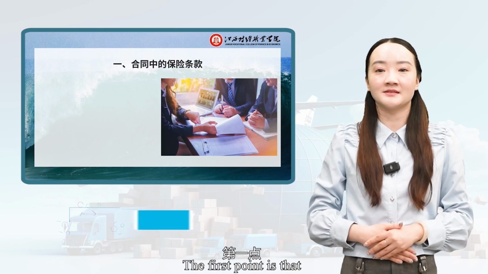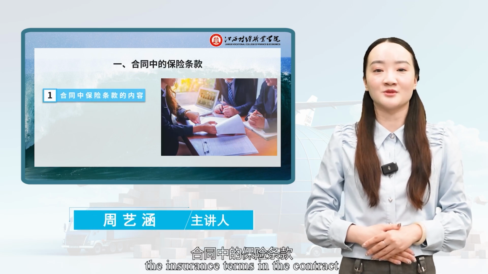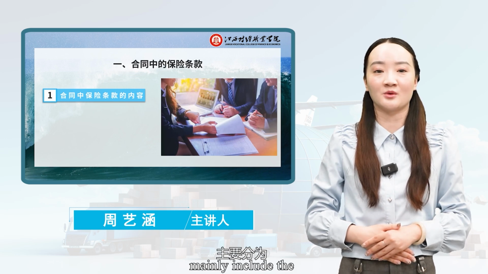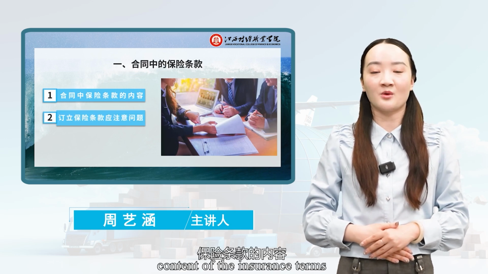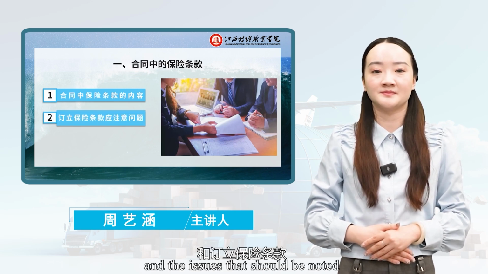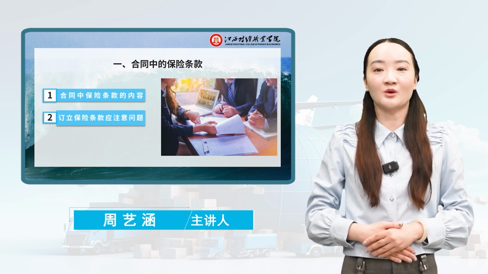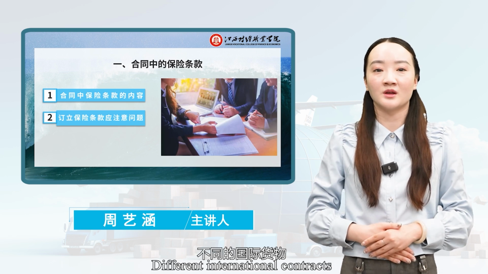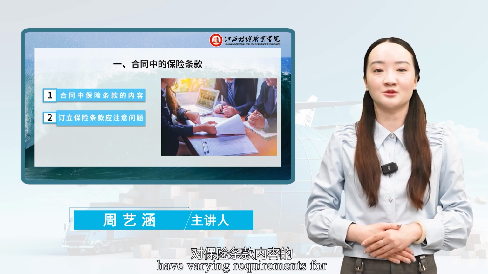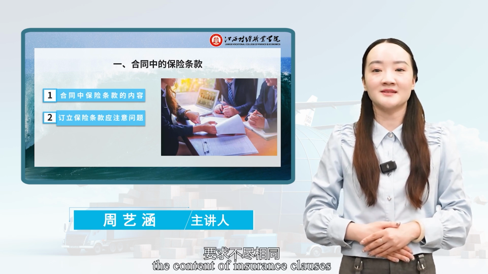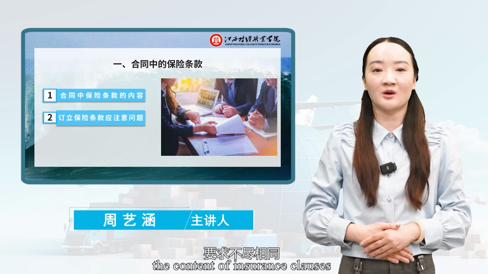The first point is that the insurance terms in the contract mainly include the content of the insurance terms and the issues that should be noted when entering into the insurance terms. Different international contracts for the sale of goods have varying requirements for the content of insurance clauses.